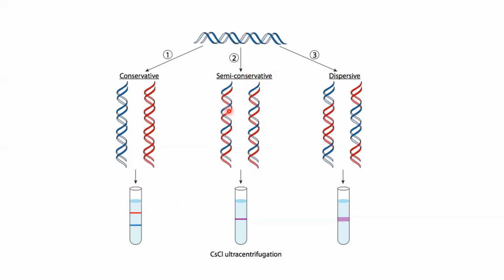But when I put in the lighter red ones, when I ultracentrifuged it, it gave me one single line in the middle of 10 and 5. It gave me a line exactly in the center, which meant that all of the DNAs in this test tube had half retained themselves, half of them were 10, and the other part that they had replicated was made up of 5 nucleotides, and they were also identical.